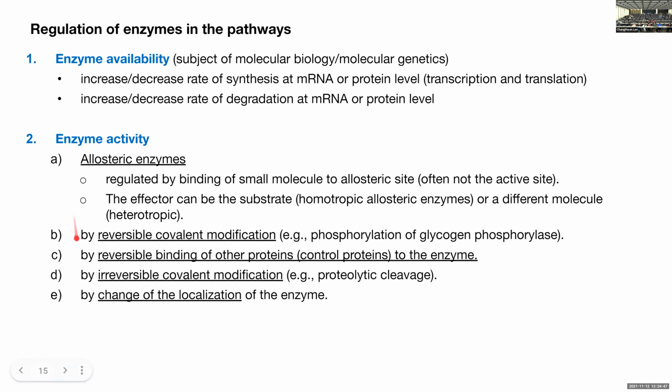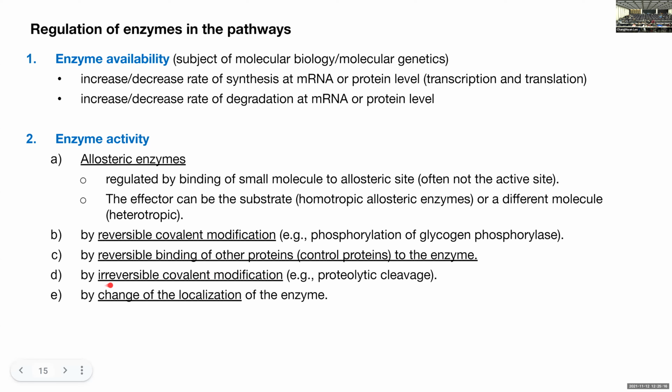And another way to do it is by reversible covalent modifications like phosphorylation or ubiquitination, and many different kinds of sugar decorations, basically sumoylation or myristylation and so on. And another way is reversible binding of other proteins, and these proteins are typically controlling the enzymes for their activities.